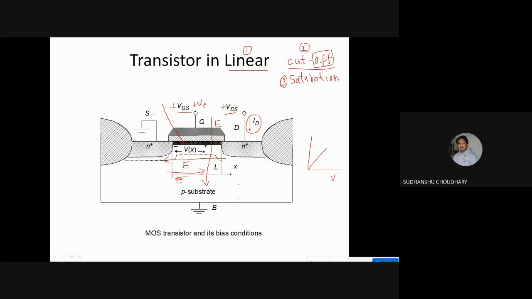Let's say I have VDS on the x axis and the drain current on the y axis. In the linear region of operation, the drain current increases linearly as you increase the drain to source voltage. That is called the linear region of operation.